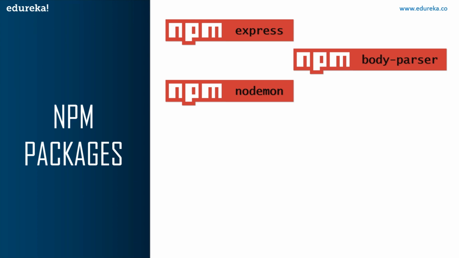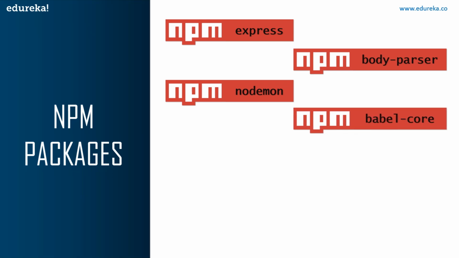So let's talk about the other packages now. We talked about npm express, npm body-parser, and npm nodemon. Now we'll talk about Babel core. What is Babel core? Current browsers probably don't support all the new ECMAScript 6 features yet. You need to use a compiler or a transpiler to transform your ECMAScript 6 code to ECMAScript 5 compatible code.